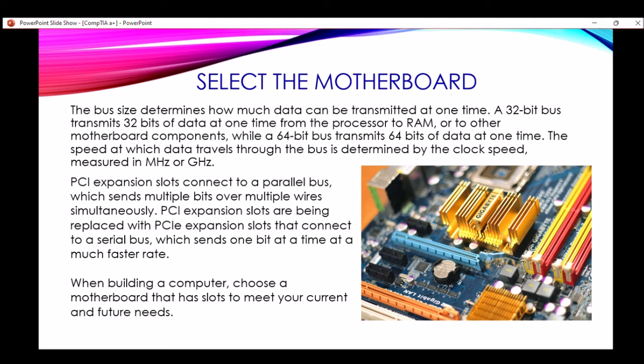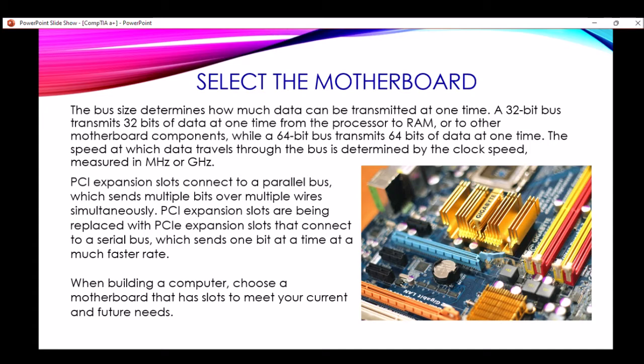The speed at which data travels through the bus is determined by the clock speed, measured in megahertz or gigahertz. At this point, remember that the clock speed of your motherboard, CPU and RAM must be the same for compatibility.